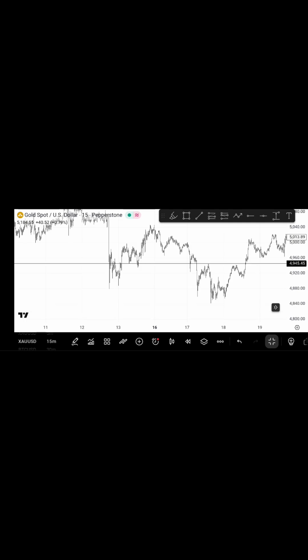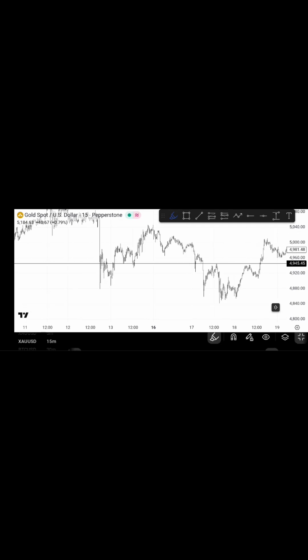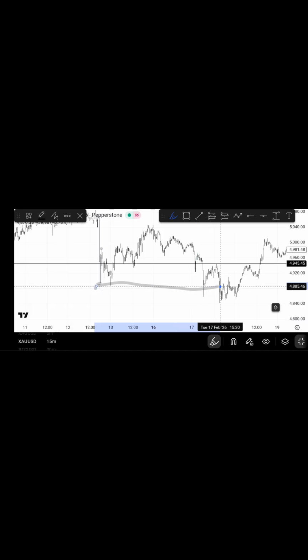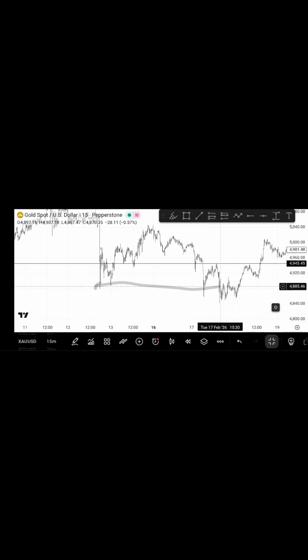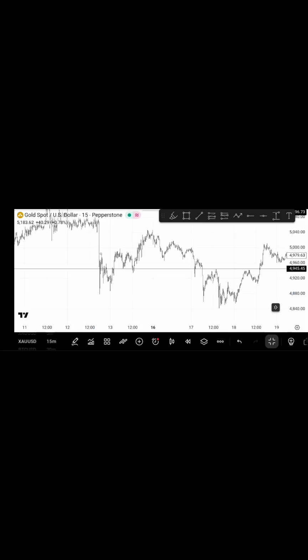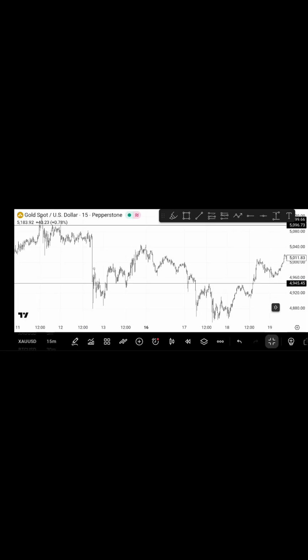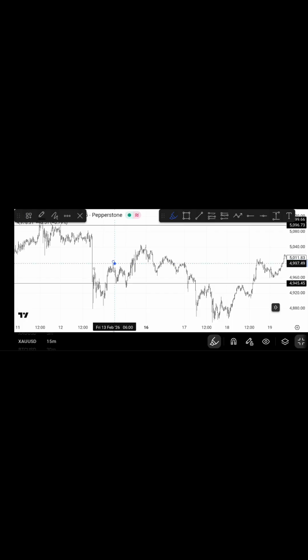So this is what we have: a lower low here. We have a lower high. No, this is not a lower high, because the market has not broken this one. So we can call it a lower high. So now we have a higher high here, and a higher low here.